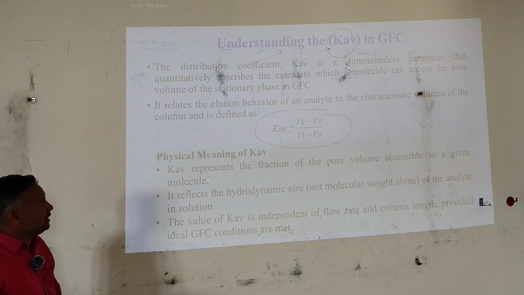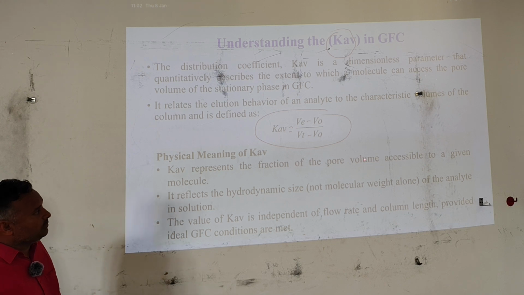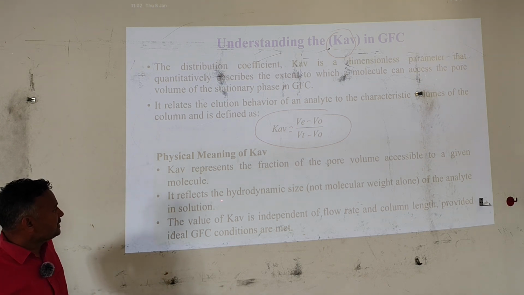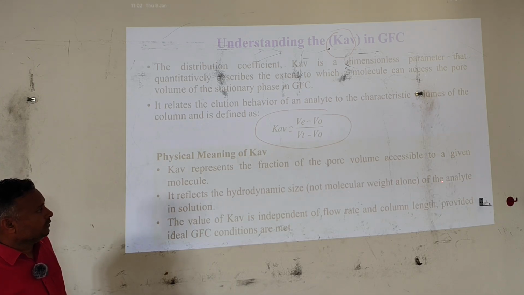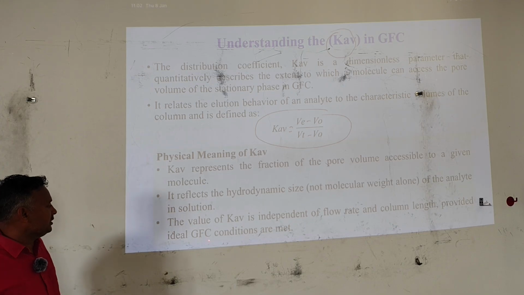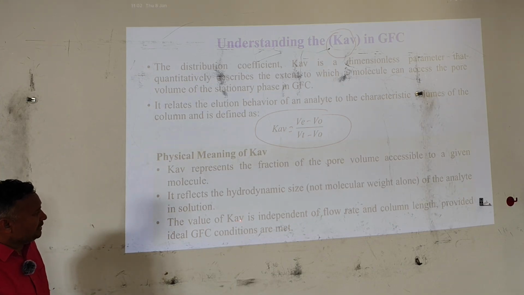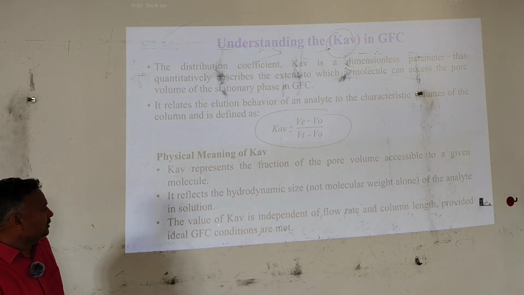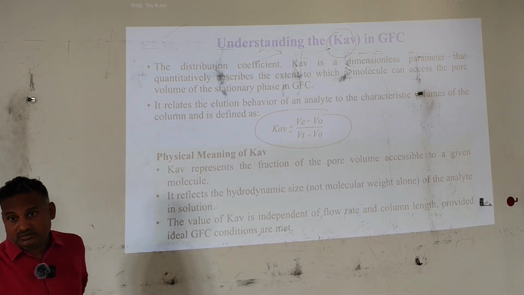Physical meaning of KAV. KAV represents the fraction of pore volume accessible to a given molecule. It reflects the hydrodynamic size, not molecular weight alone, of the analyte in solution. The value of KAV, that means the distribution constant, is independent of flow rate and column length, provided ideal GFC conditions are met.